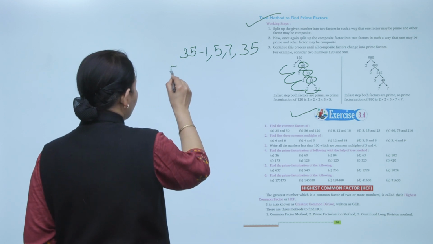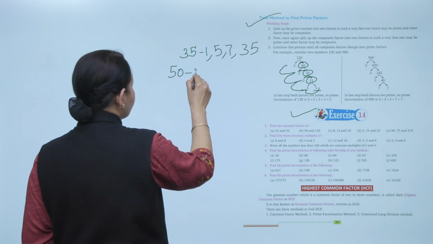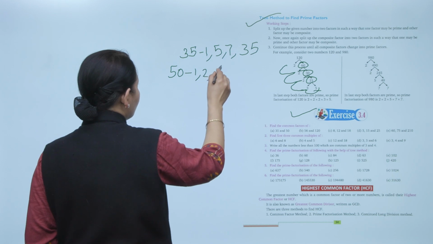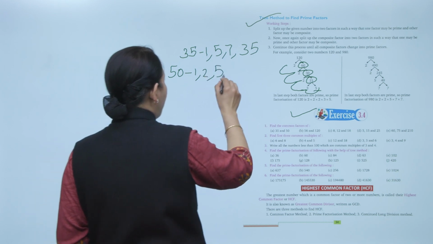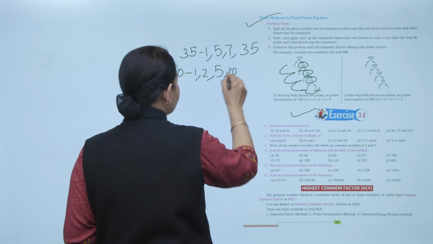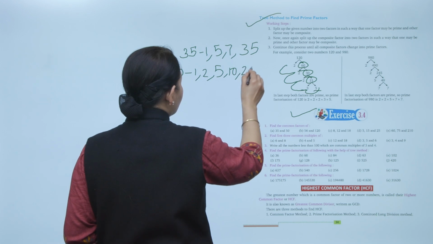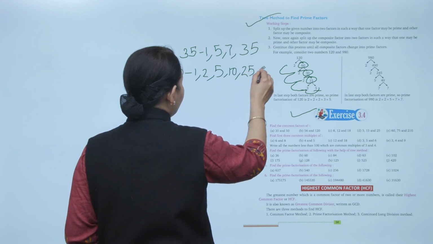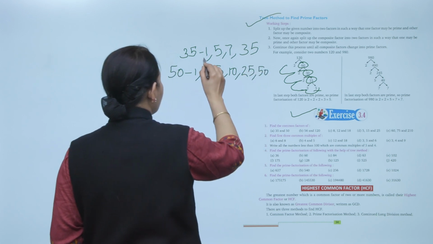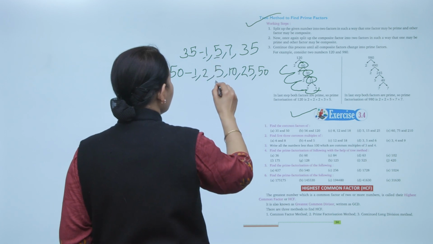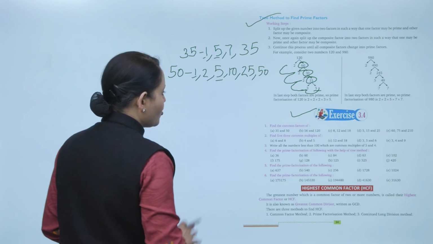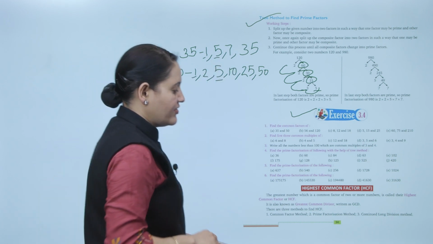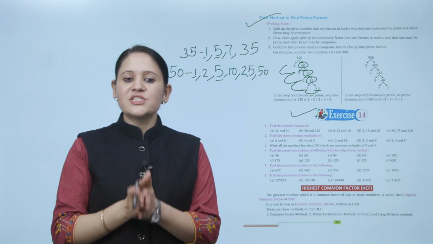Next, factors of 50, that is 1, 2, 5, 10, 25 and 50. Now the common factors are 1 and 5. So common factors are 1 and 5. Clear? So practice all the questions of this exercise.